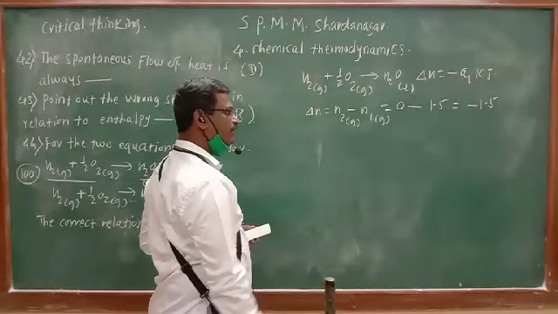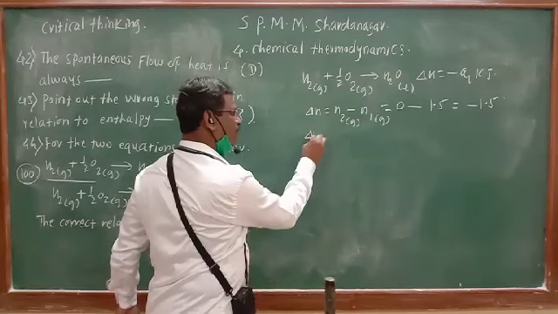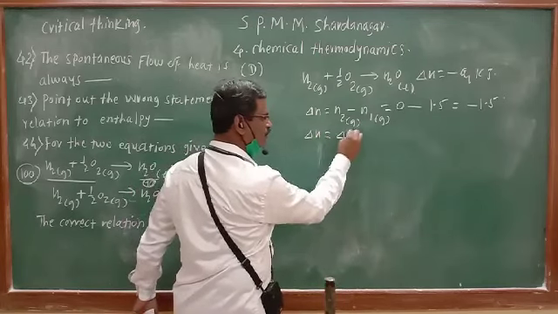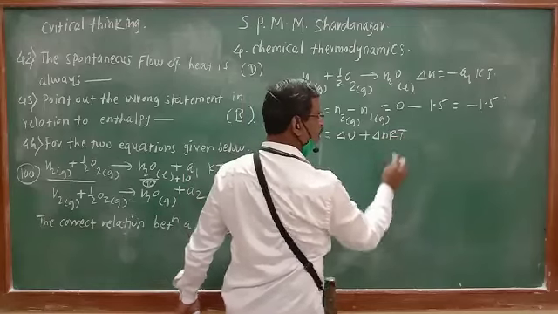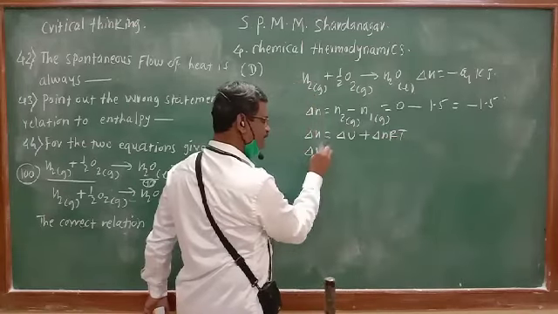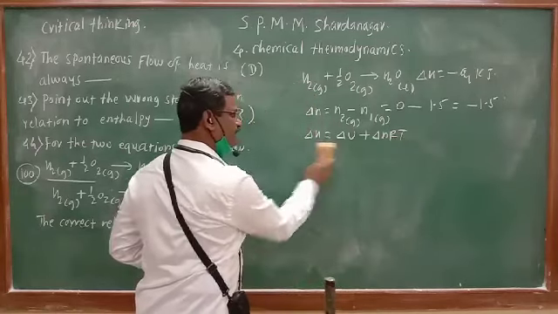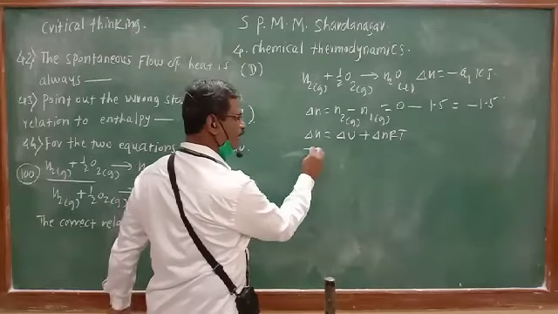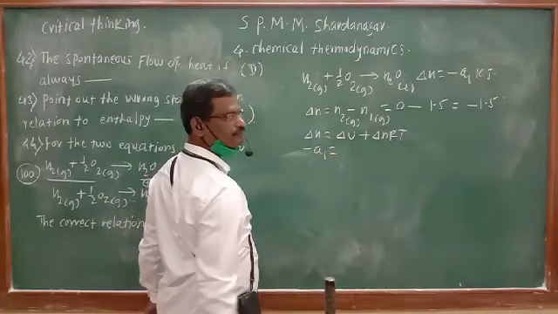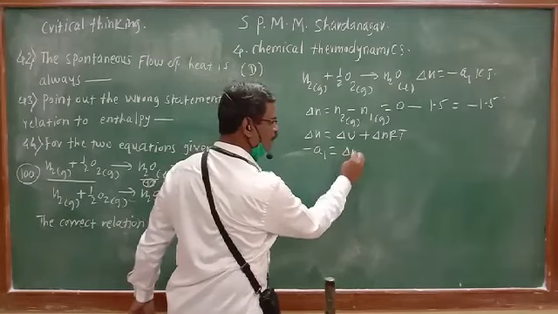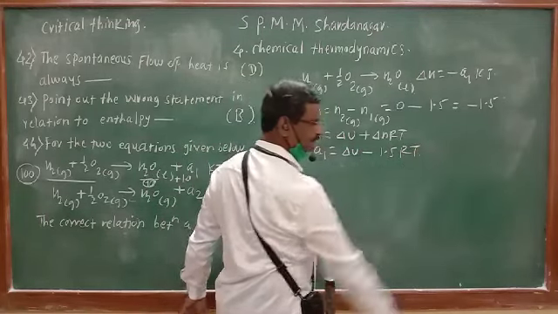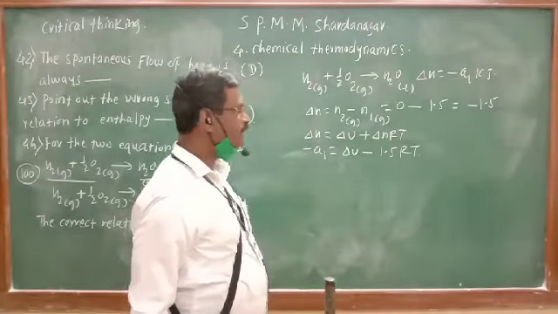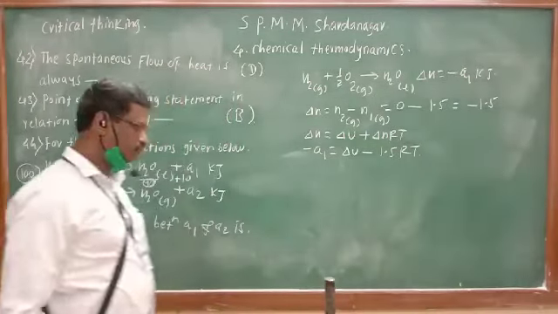For this reaction, we can calculate delta H is equal to delta U plus delta nRT. What is the value of delta H? Delta H will be minus A1 is equal to delta U minus 1.5 RT. Right? Now see the second reaction.